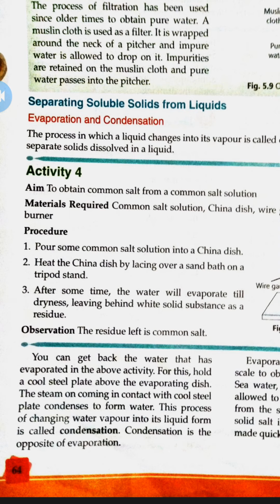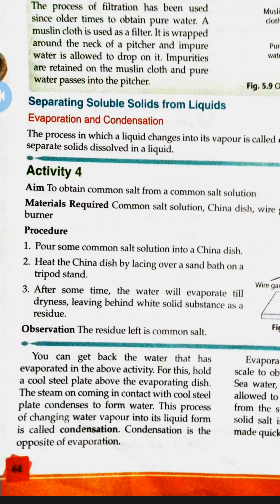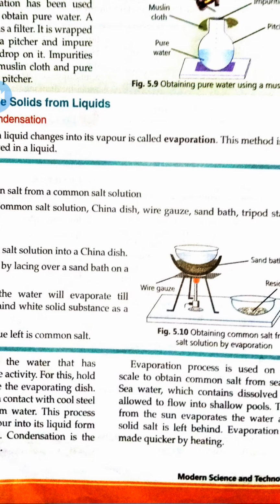From where has the water come? The water has come there in the form of steam, and it has condensed to form water. This process of changing water vapor into its liquid form is called condensation. Condensation is just the opposite of evaporation.